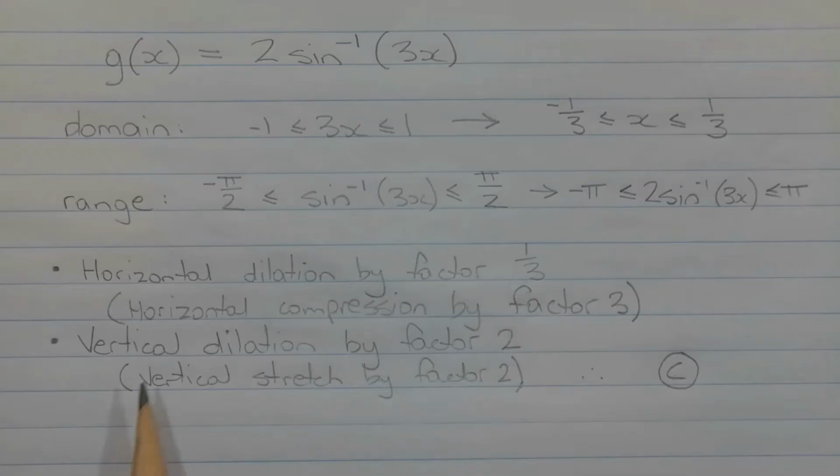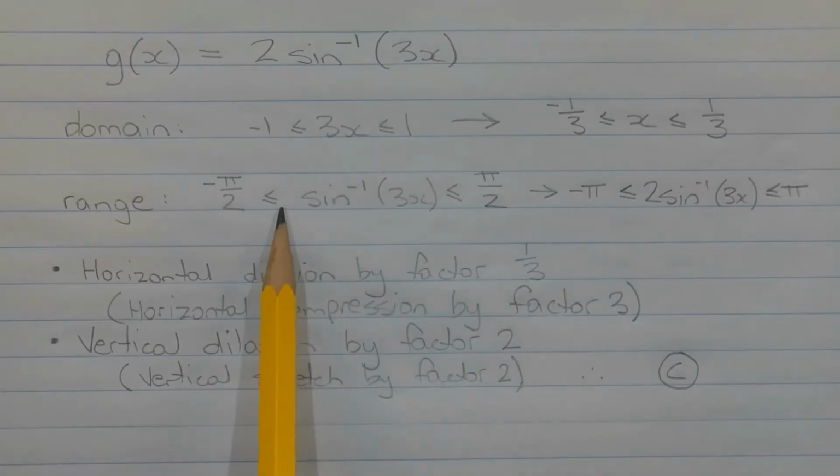So what's occurred is a horizontal dilation by factor 1 over 3. Worded a different way, we can say it's a horizontal compression by factor 3. Let's consider the range. Now the range of inverse sine of 3x is greater than or equal to -pi over 2 and less than or equal to pi over 2. So recall this is in the vertical direction.